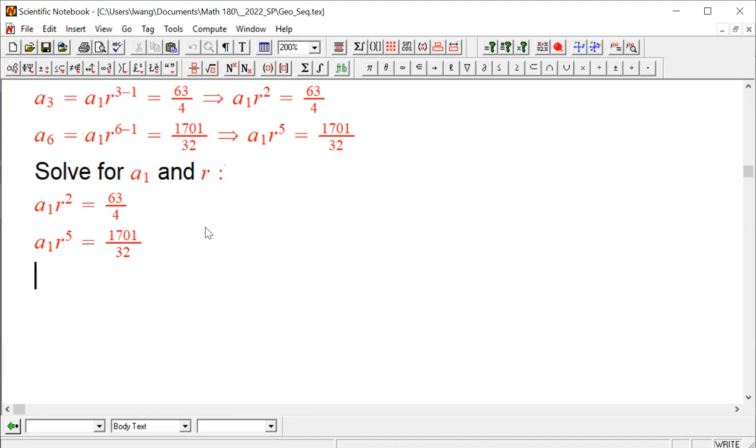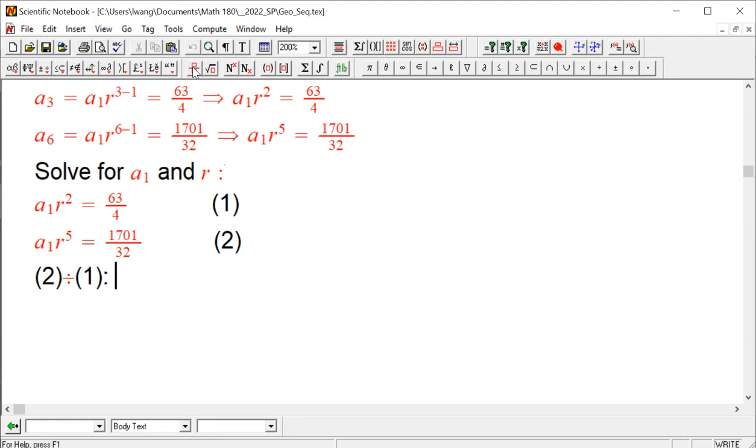We're going to call this equation number 1, and the next equation number 2. Now we're going to take the second equation divided by the first equation.